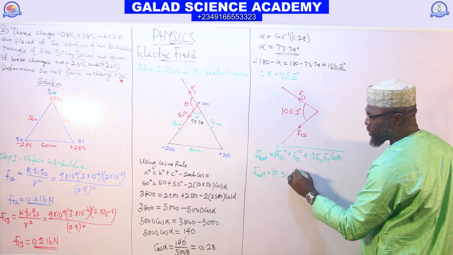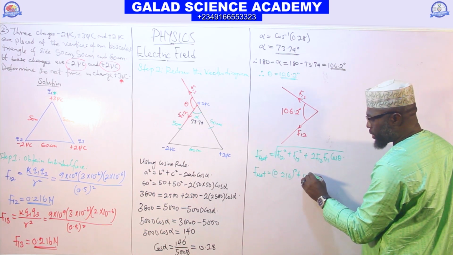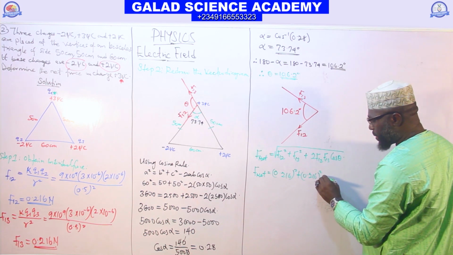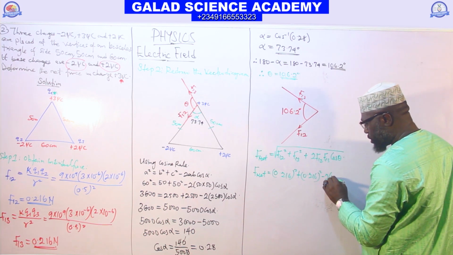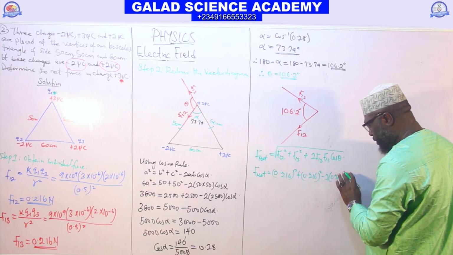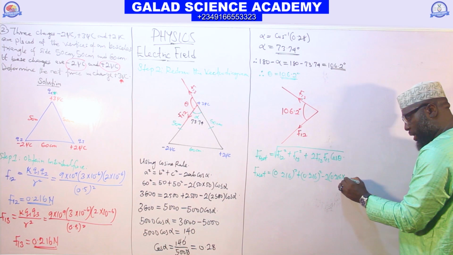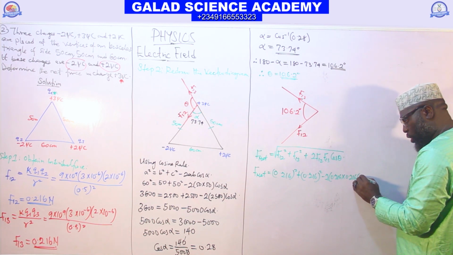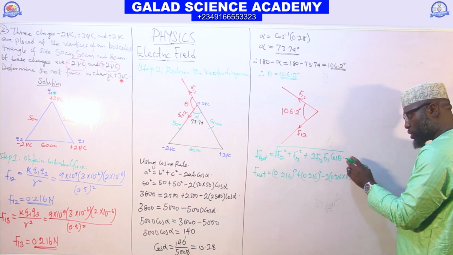0.216, everything squared, plus 0.216, everything squared. We have minus 2 times 0.216 multiplied by 0.216 cos theta. What is cos theta?